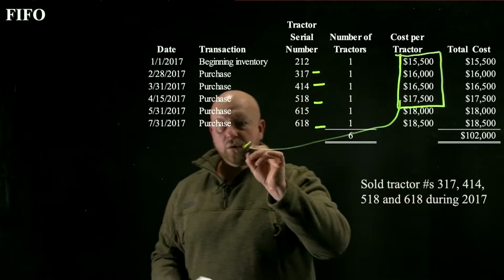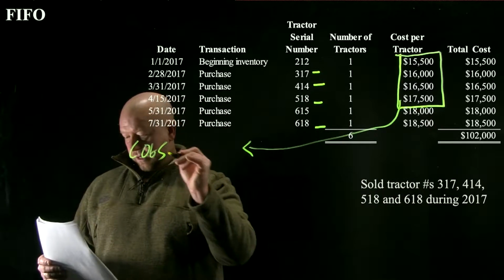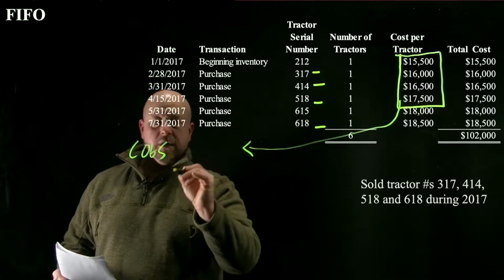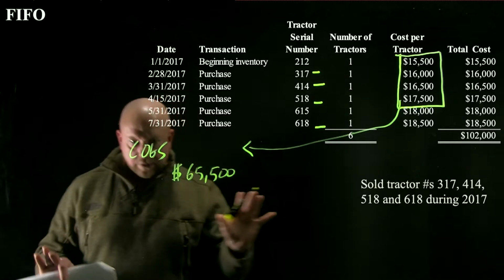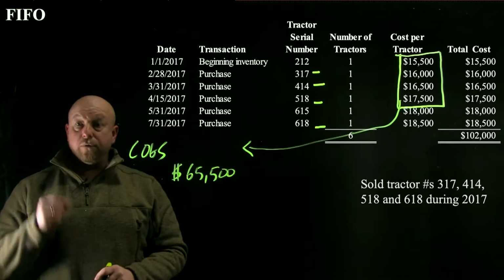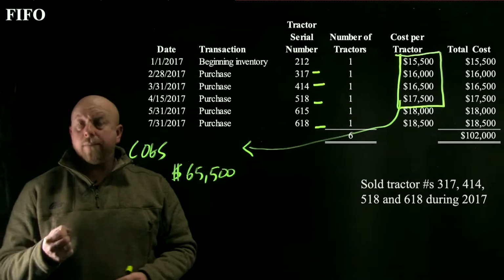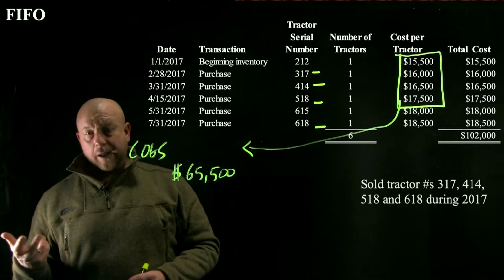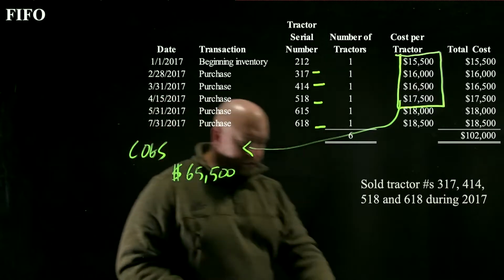So our cost of goods sold, if you just add those numbers up, is going to be, what do I have on my sheet here? $65,500. Now, I just want to reiterate, those are not the actual items that sold. But remember, when we're not using specific identification, it's probably because we needed to make some kind of a compromise. We didn't want to go through all this additional record keeping.